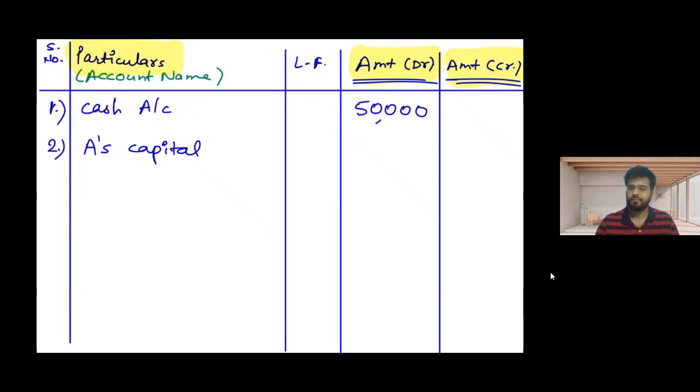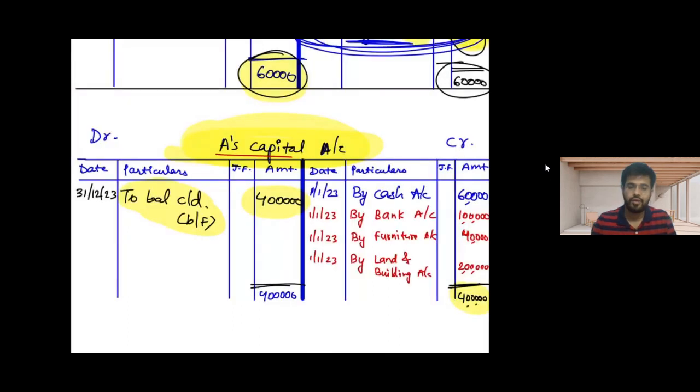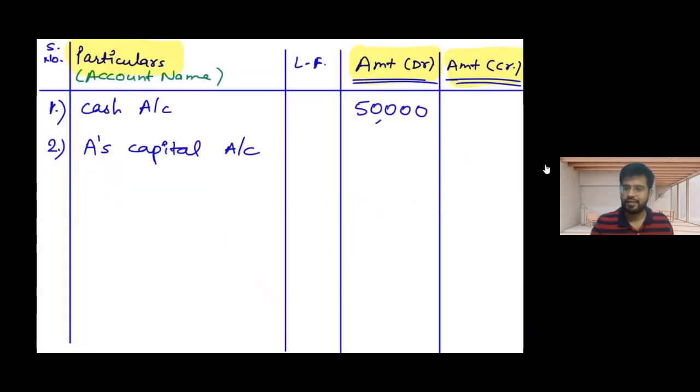Balance carried down is coming on the debit side of the ledger account, so in the trial balance it will be shown under the credit side. That is 4 lakh rupees.